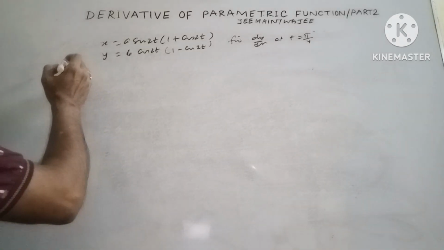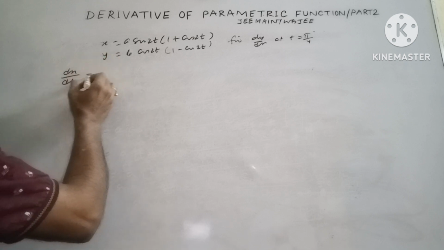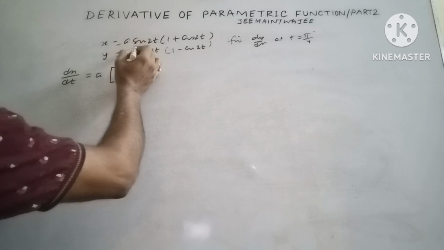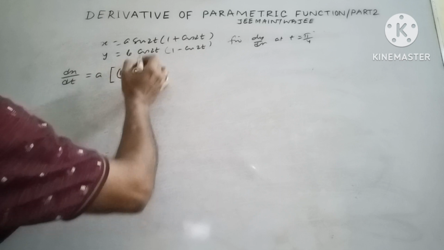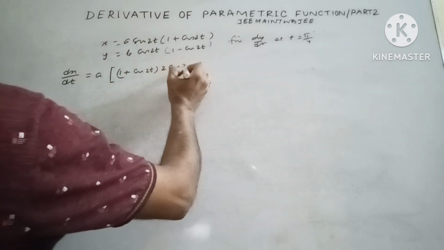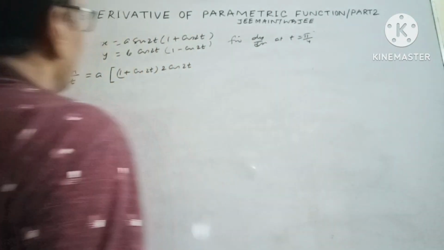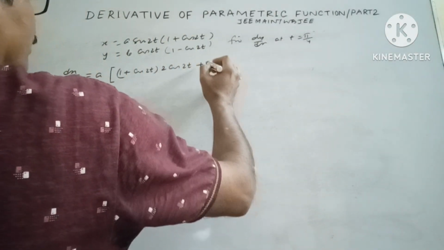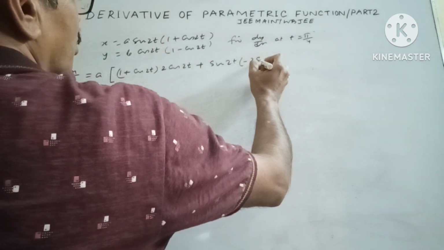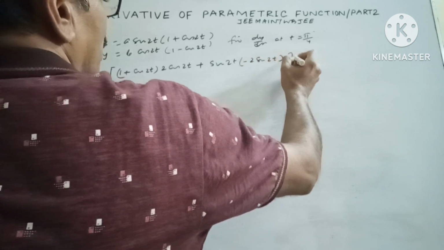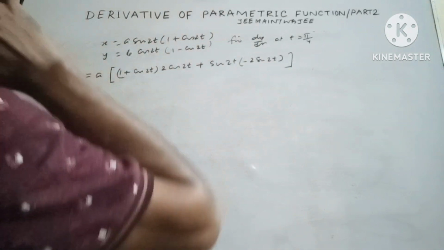So x. So dx by dt. Parameter is t. a, then bracket. Product rule. So 1 plus cos 2t is unchanged, derivative of sin 2t is 2 cos 2t, plus sin 2t is unchanged, derivative of 1 is 0, minus 2 sin 2t. Derivative of cos 2t is minus, derivative of 2t is 2.